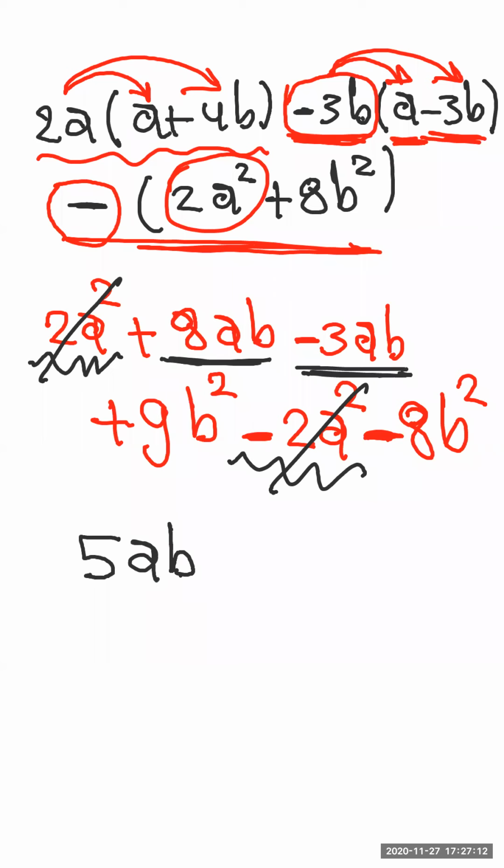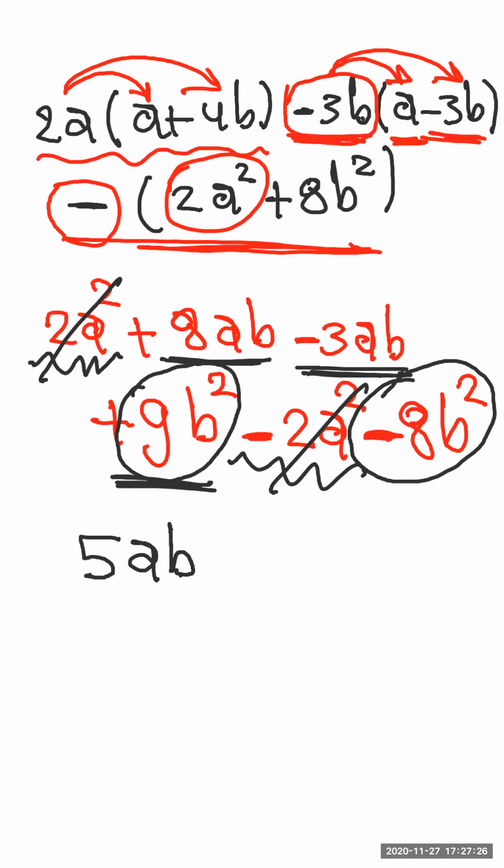Then the last two terms, 9b squared minus 8b squared. Positive b squared. Why negative? This one is positive, 9b squared minus 8b squared, so it will be only plus b squared.